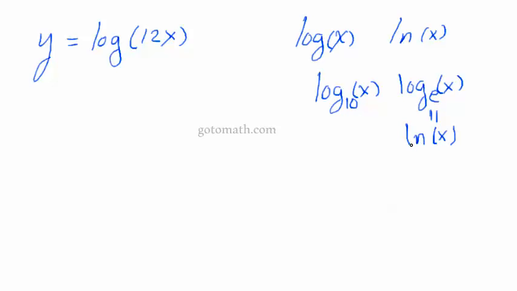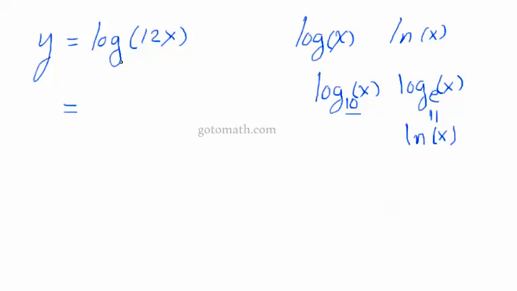We just write natural log of x, which implies this right here. So if I don't write anything in here, then it's assumed to be base 10. There's a 10 right here, but we don't write it. All right, so let's keep that in mind.